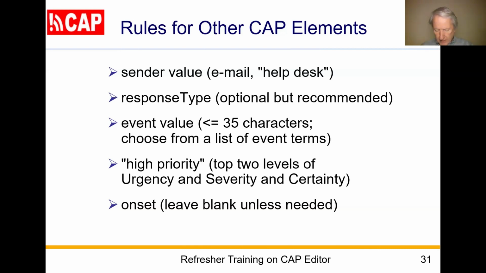The emergency is severe or extreme. That's high severity. And the officials are at least 50% certain, high certainty. In effect, we say this kind of alert is siren worthy. It would go, for example, to every cell phone of people in the alerting area.